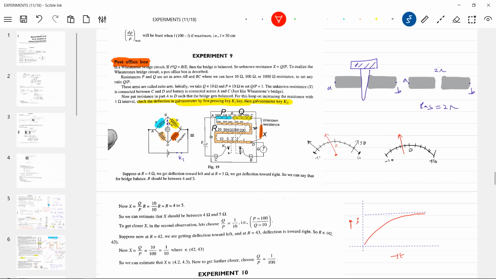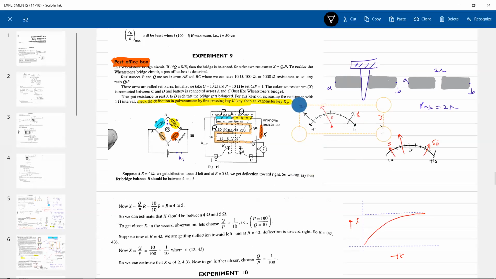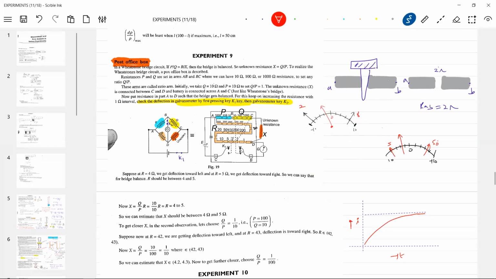This is for 2 ohm, 8 ohm. Next again, this will be say 35, the pointer will be here. They may trouble you with data like this also.